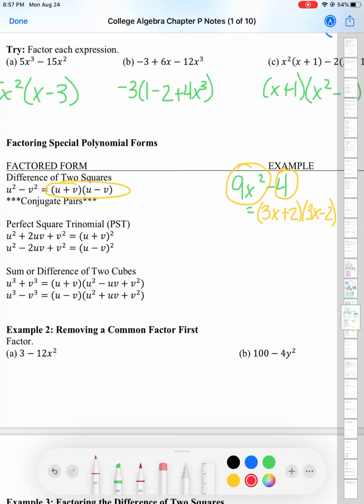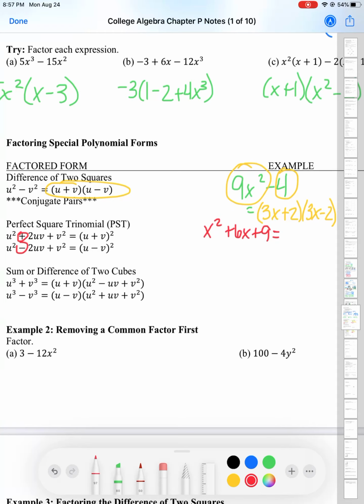Next, we have our PSTs, perfect square trinomials. Now remember, with our PSTs, some of them have the plus sign right here, and some of them have the minus sign. So I'm going to give you an example of both. This is the double the squash thing, but backwards. So let's say I have x squared plus 6x plus 9.